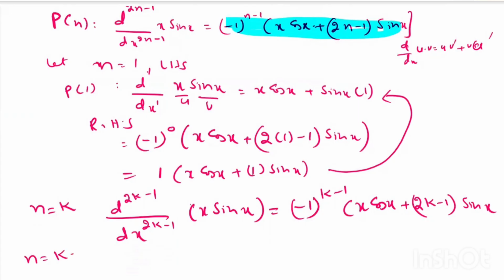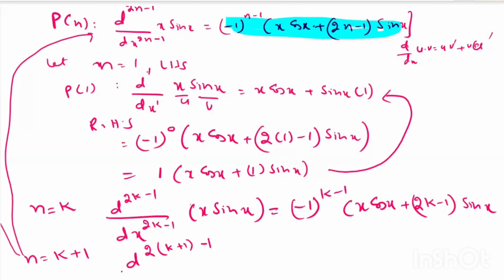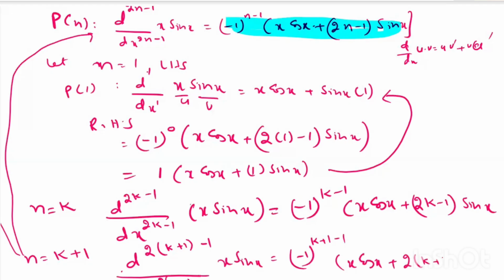Now put our third condition, k plus 1. We have to apply n equal to k plus 1 in this equation: d^(2(k+1)-1)/dx^(2(k+1)-1) of x sine x equals (-1)^(k+1-1) x cos x plus (2(k+1)-1) sine x. We apply k plus 1 in the above equation, our main equation.